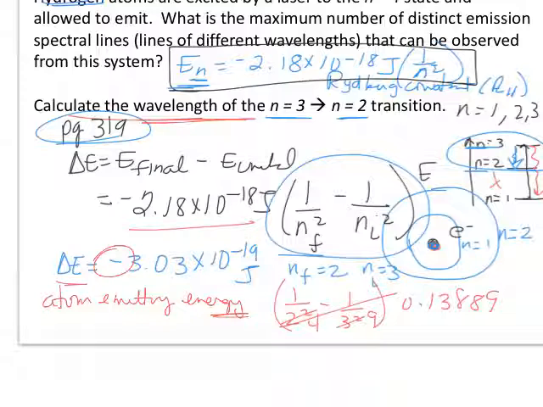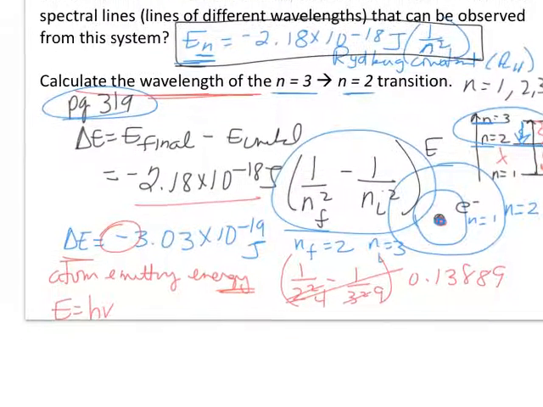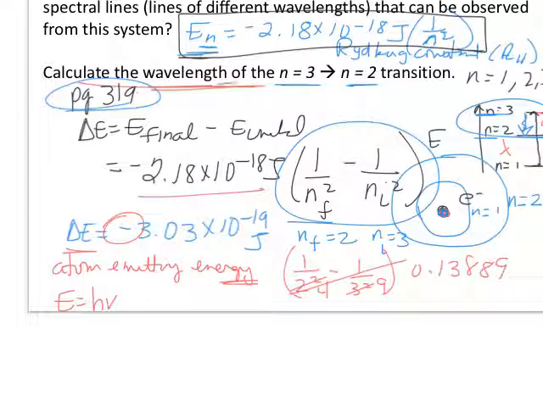Well, you already calculated the energy, but you're going to put this into the equation that relates energy with your wavelength. You'll have to do this a lot in this chapter.